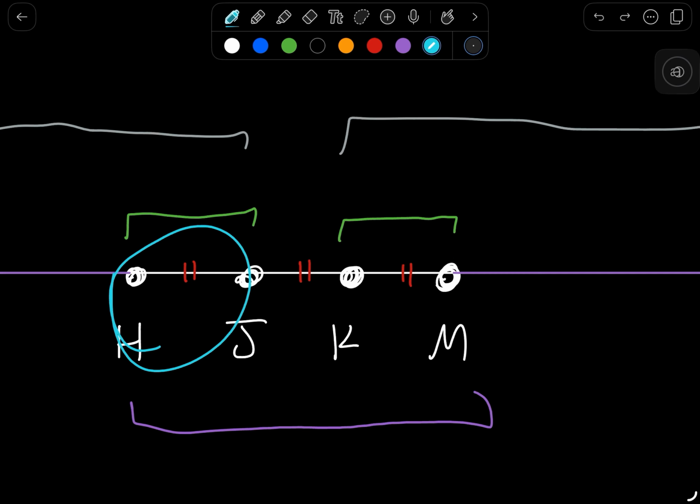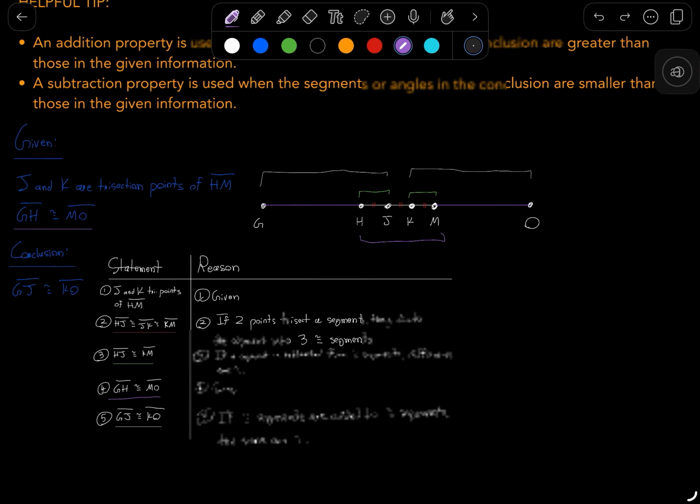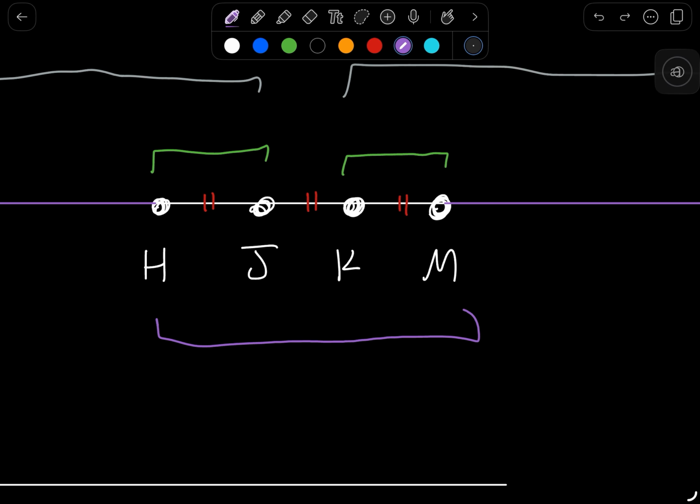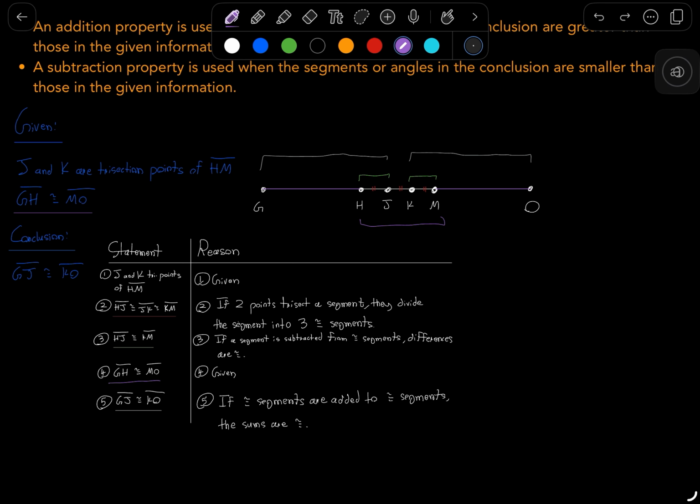Well, thing is, you can actually prove that already. You can prove that HJ is congruent to KM because these are trisected, so of course they're going to be congruent to each other. So once again, we can make that conclusion.